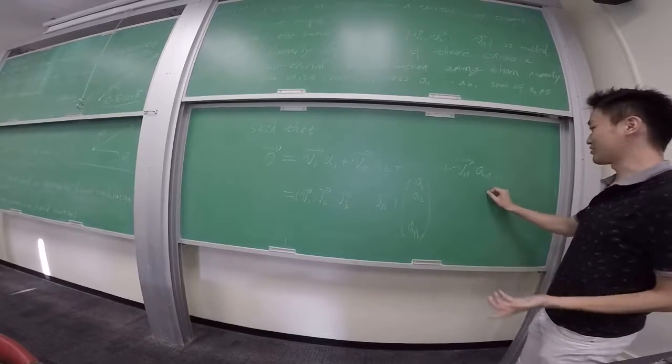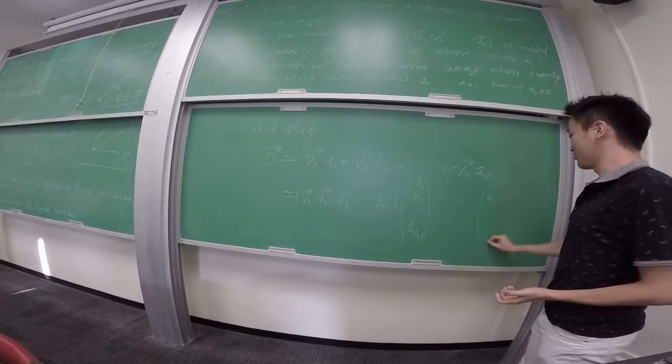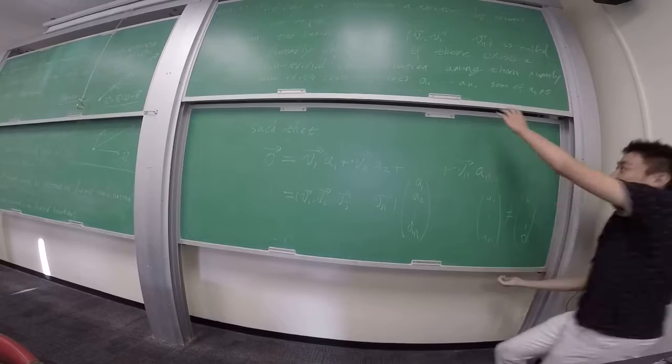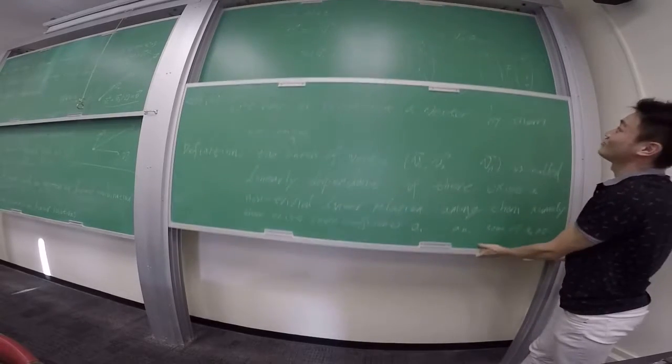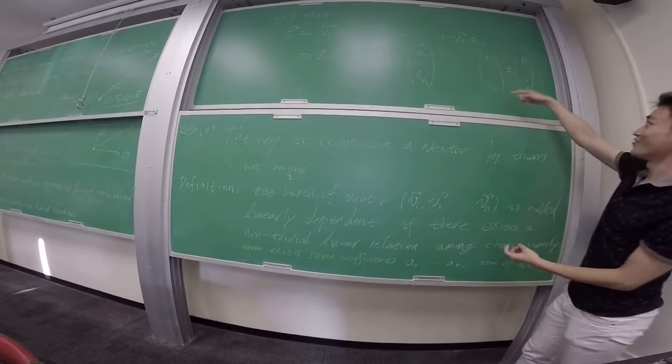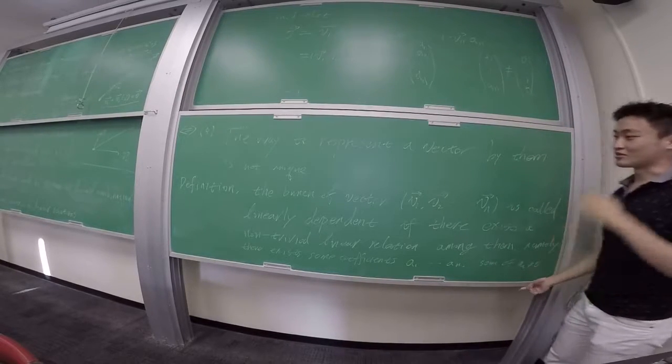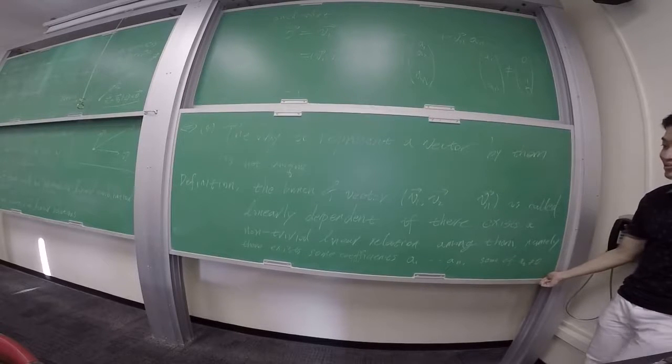So you can say that (A1, ..., An) is not equal to (0, ..., 0), which simply means that not all of them equal 0. So some of them is not 0. So this is the definition of linearly dependent.